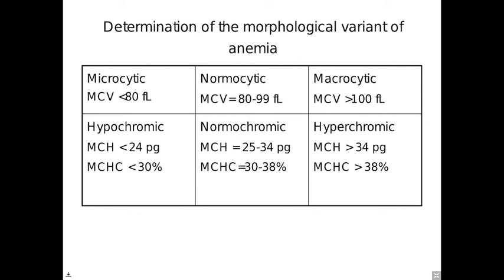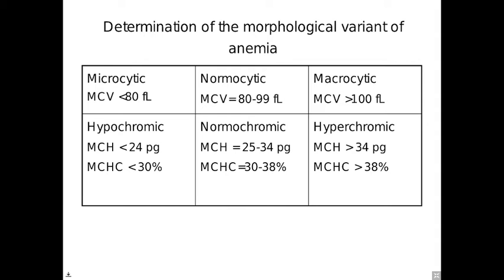Considering these values, so MCV, size of the red blood cells, we will differentiate between normocytic, 80 to 100, macrocytic, more than 100 femtoliters, and less than 80 femtoliters, microcytic.